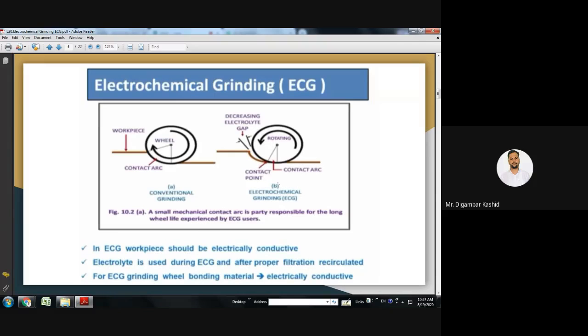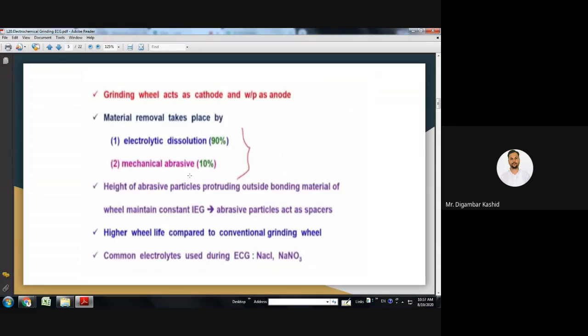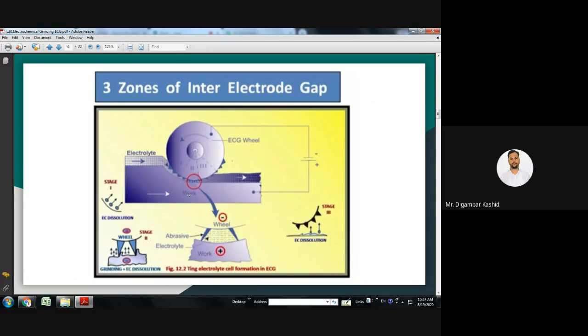I will show another diagram also. Okay, so I was telling about the grinding wheel operation in your electrochemical grinding.